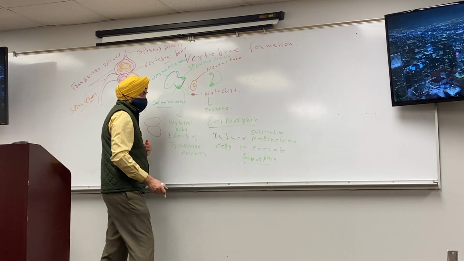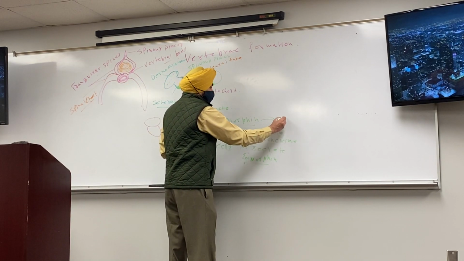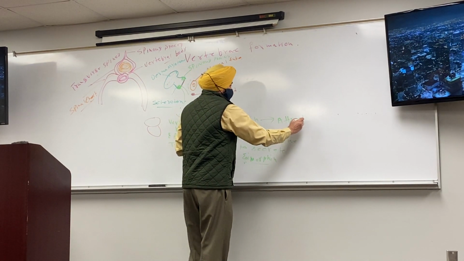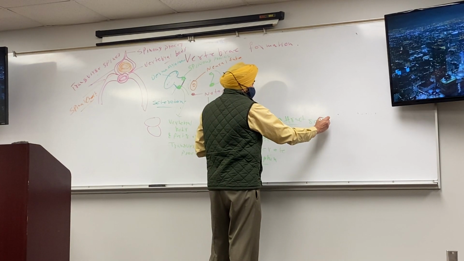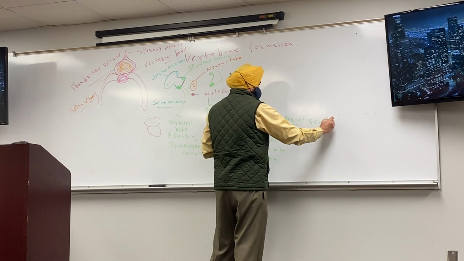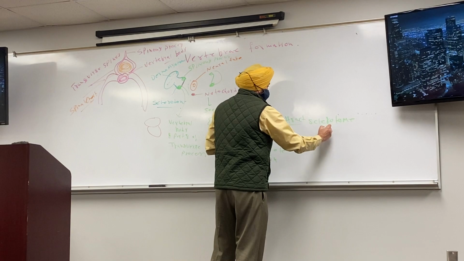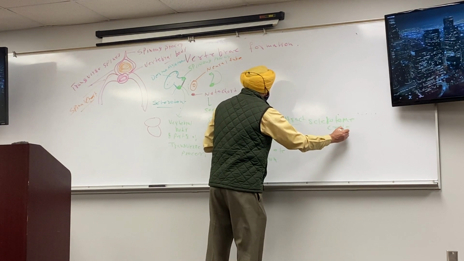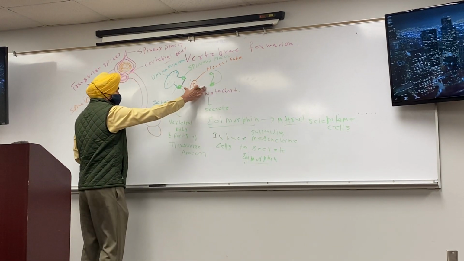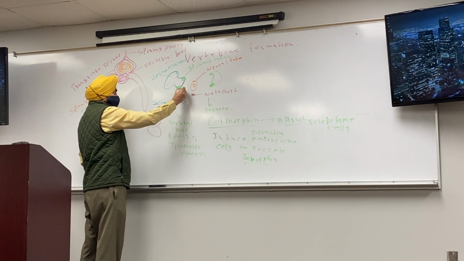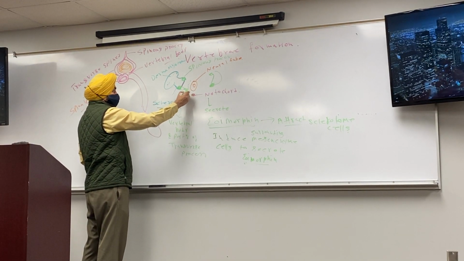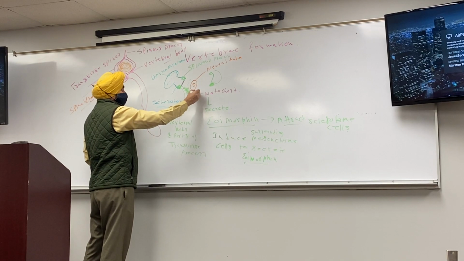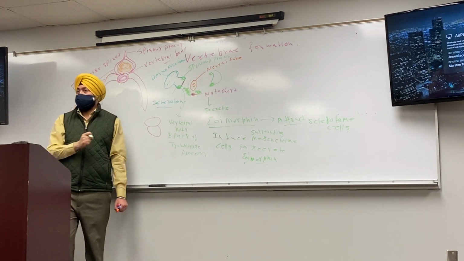And what this eomesodermin does, it attracts sclerotome cells. So these sclerotome cells from here, because they are sclerotome, start moving like this. So you have the sclerotome cells coming here on this side.